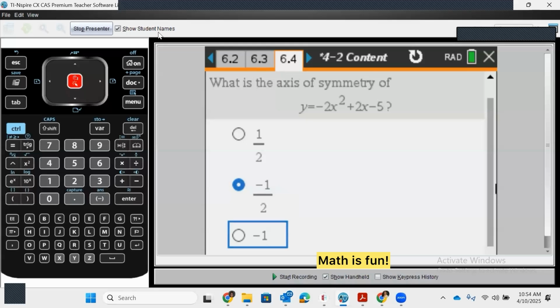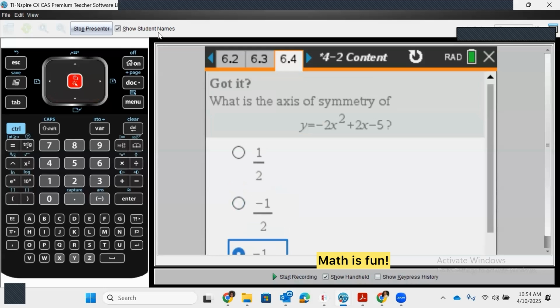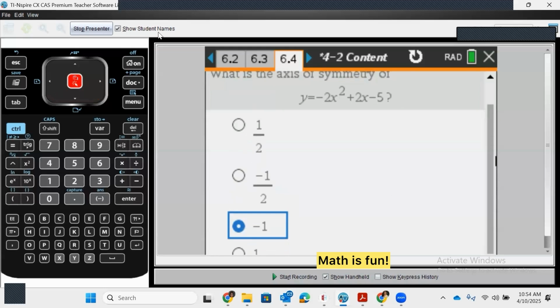Okay, click the step. It's not moving. You gotta click that button. Make sure that you write down the axis of symmetry is x equals -1.